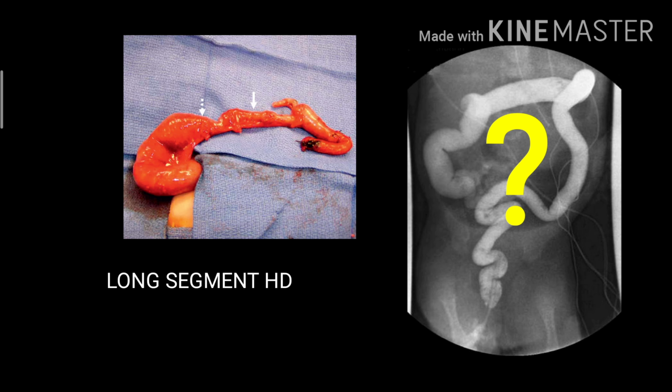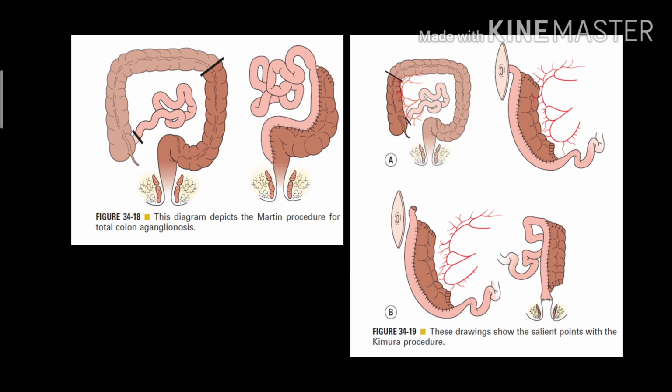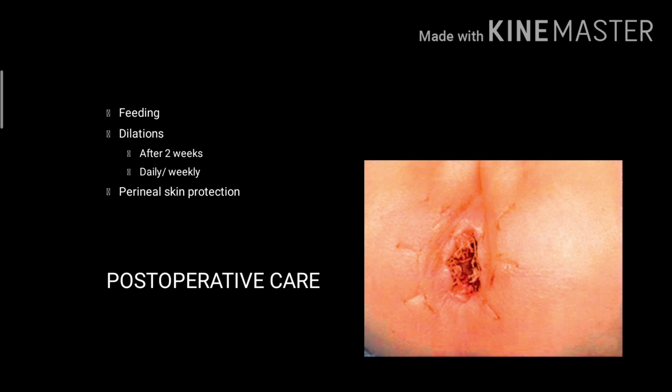So based on the contrast findings, the barium findings, we can differentiate between a long segment HD and an ileal atresia. Now there are procedures for long segment HD like Martin's procedure and Kimura's procedure, which we are not going to discuss. You can read about it.